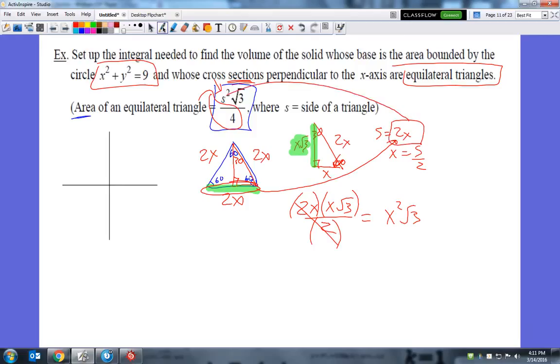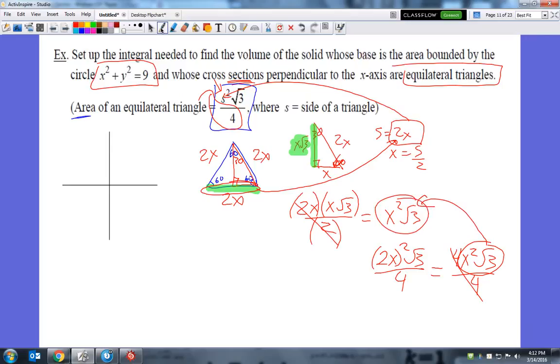If I put 2x in for s, you would see 2x squared root 3 over 4. 2 squared is 4, and x squared is x squared, so you would get that cancellation. It's still x squared root 3, the same as what we got.